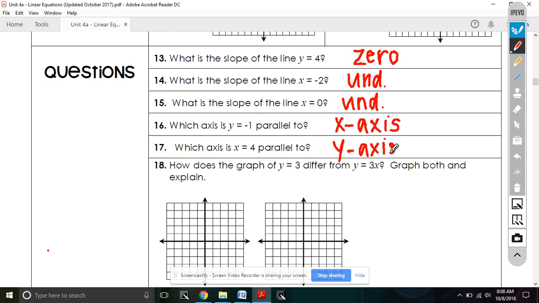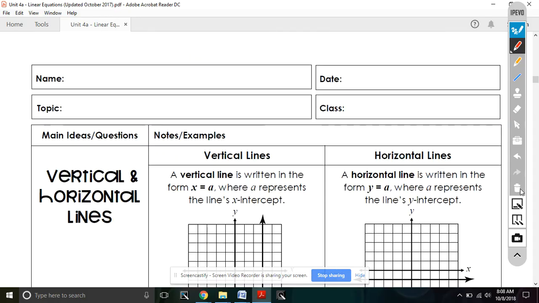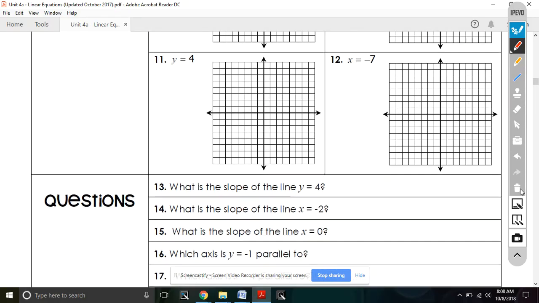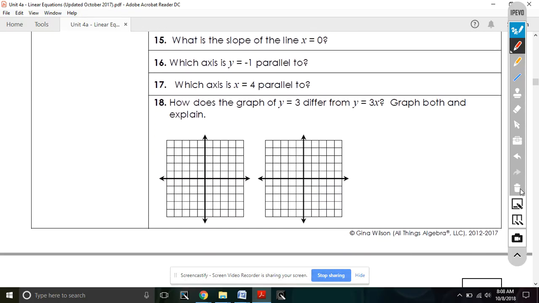All right, so let's compare. How does y equals 3 differ from y equals 3x? So let's graph both of those real quick. On the first one, I'm going to do y equals 3. 1, 2, 3. You know that y equals gives you a horizontal line. And then over here, I'm going to graph y equals 3x.